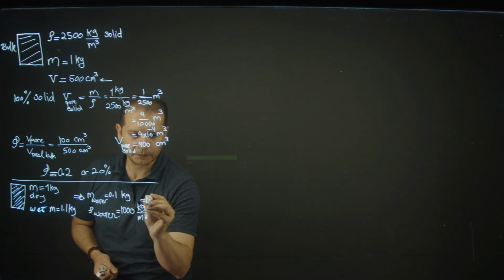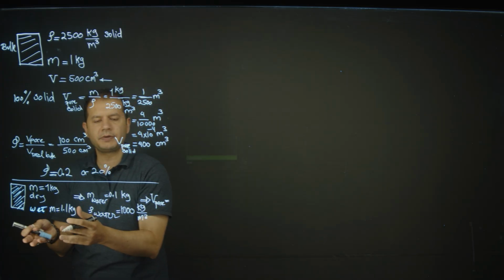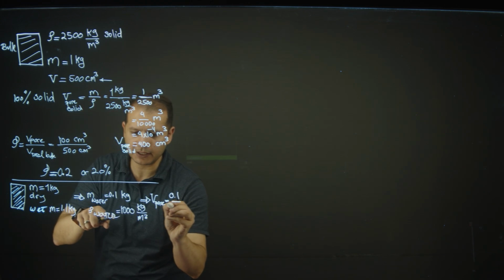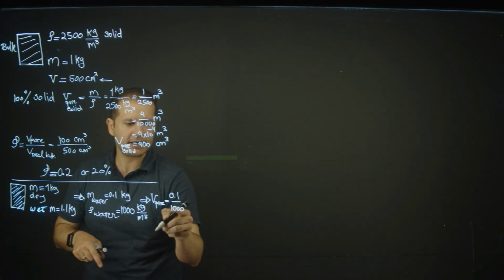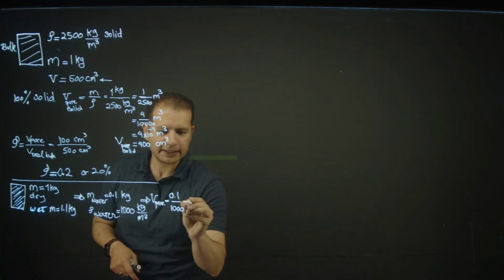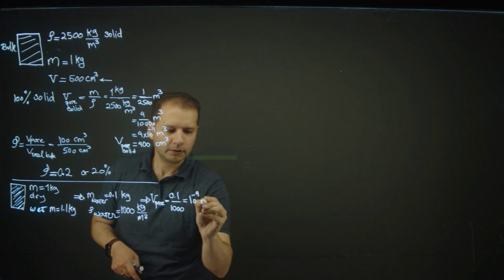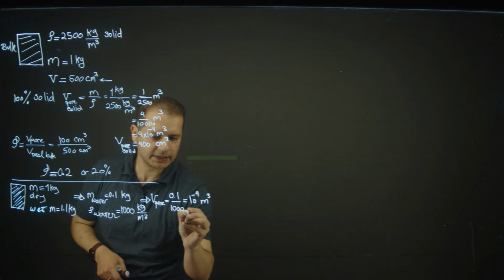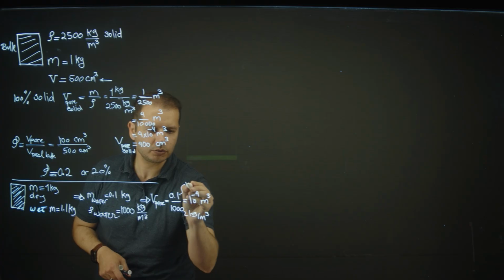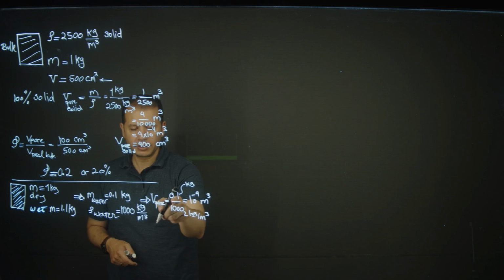Therefore, the volume of the pore space, which is the space that water could penetrate, is again mass per density, which is 0.1 divided by 1,000. This is density in the denominator, and 0.1 is the mass of the water. That becomes 10 to the power minus 4 cubic meter, because the density is in kilogram per cubic meter, and the mass is also in kilogram. So I know that the volume of the pore is this.